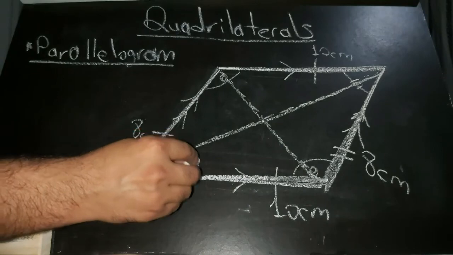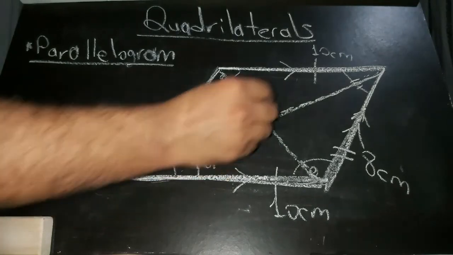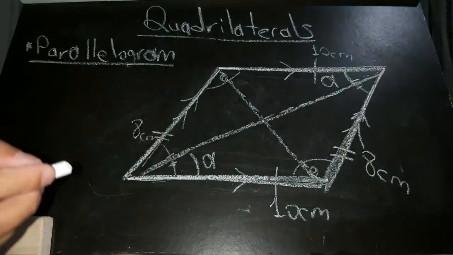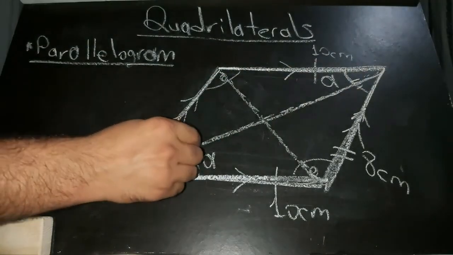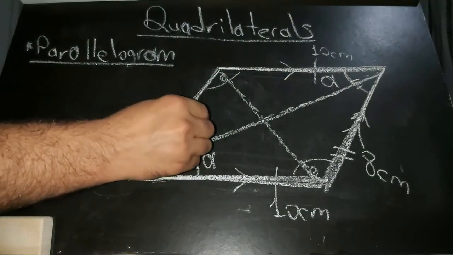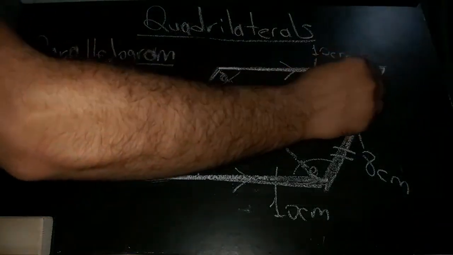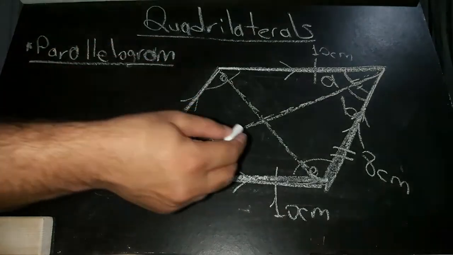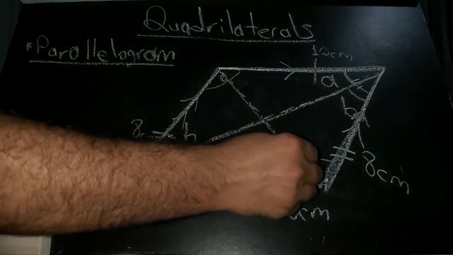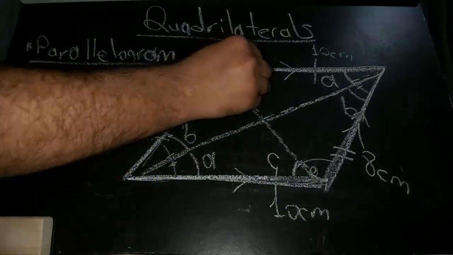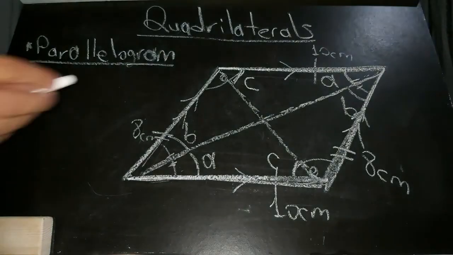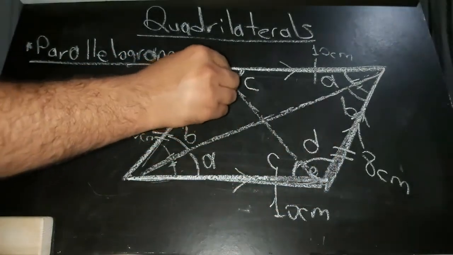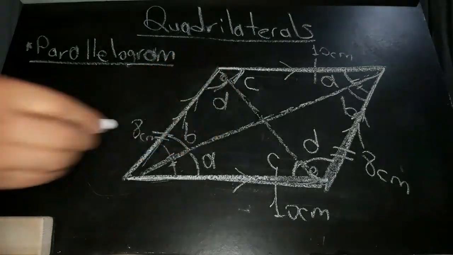This angle, let's say A, and this angle will be the same, A. If you say this one is B, this angle and this angle are the same. If you say they are C, this angle and these angles are the same. If you say they are D, this angle and this angle are the same.